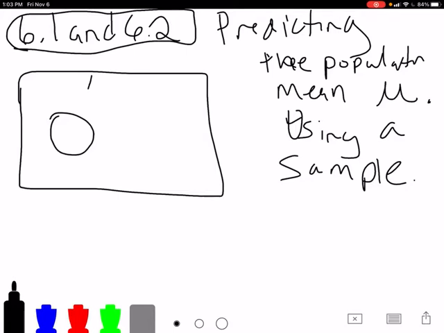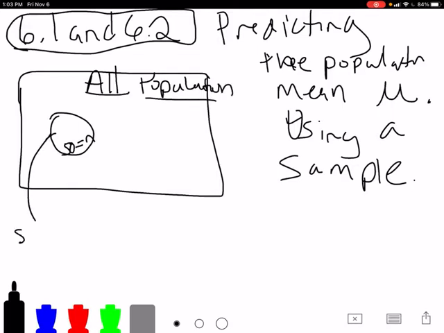So that would be all Stark State students, or whatever your population is. But you only sampled 50. Your n, your sample size, is 50. So of course, this big square is the population. It'd be all the people or items that you're talking about. And this little thing is the sample.